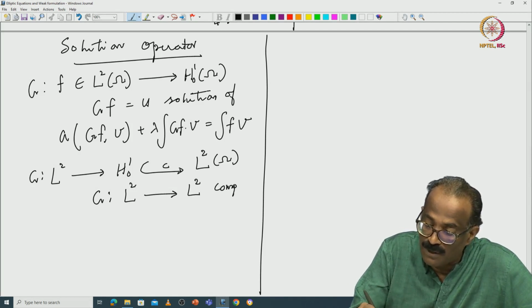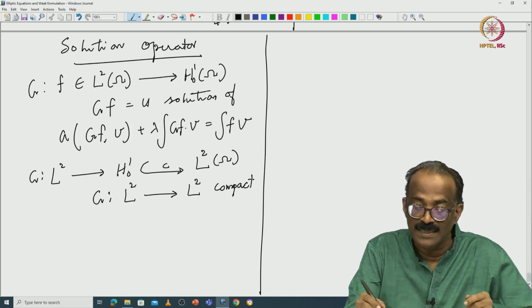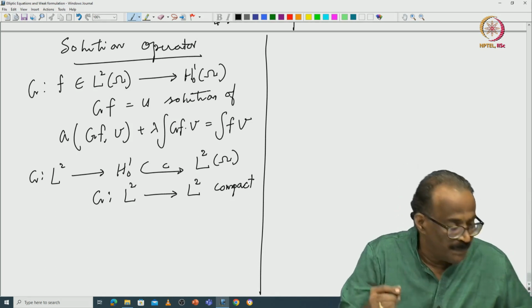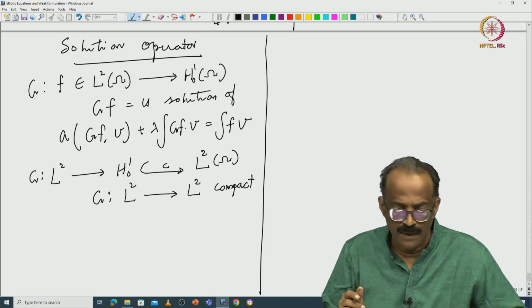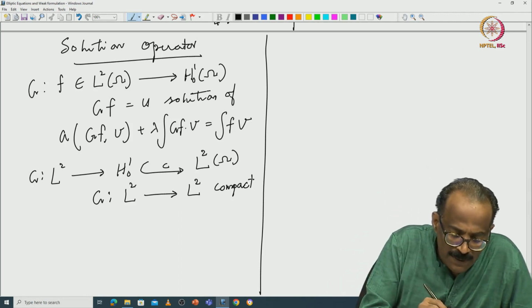So, this is where you are seeing the compact embedding for the first time. Now, let me call this star, I do not know what number I gave.